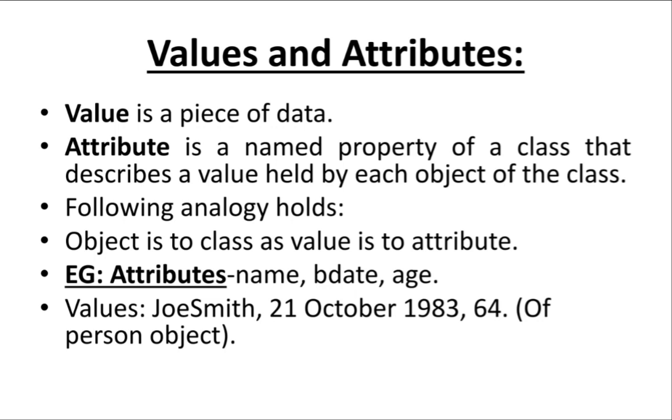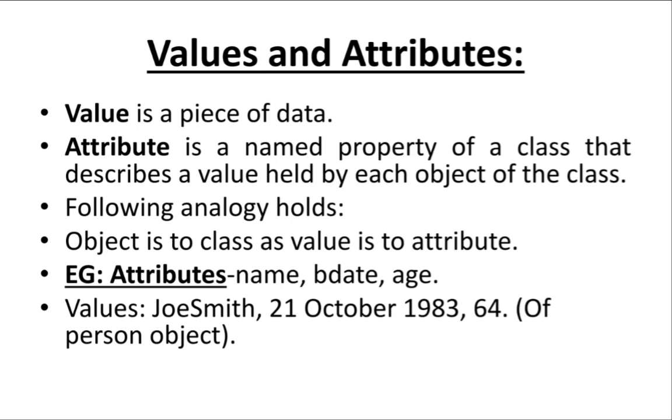For example, you can see here, first I will explain this. What are the attributes of the person class? Name can be an attribute, birth date can be an attribute, age can be an attribute. For each attribute there will be a value. I told you, for each attribute there will be a value. For the name attribute, what is the value I am storing here? Joe Smith.